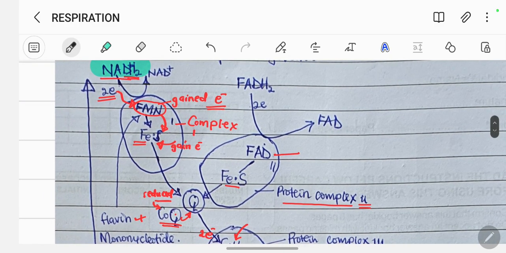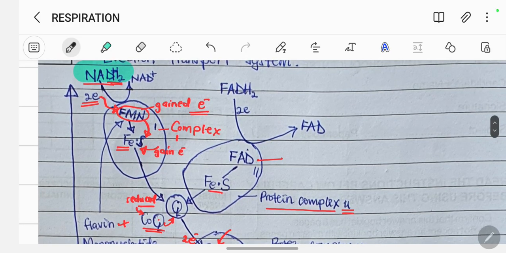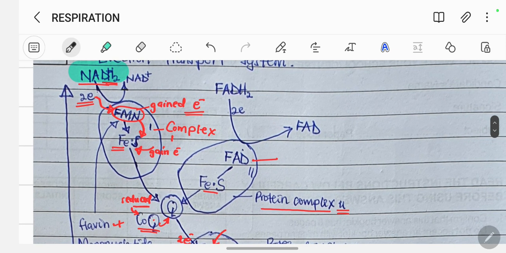We saw that NAD submits its electrons at complex 1, but now FAD submits its electrons at complex 2, and as it submits these electrons at complex 2, they are going to be picked up by FAD, meaning FAD is going to be reduced.